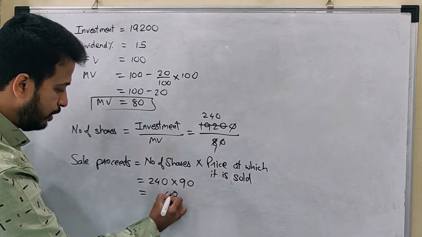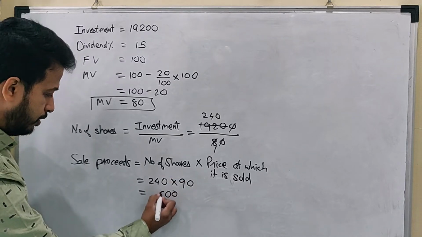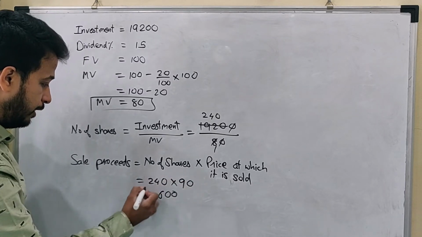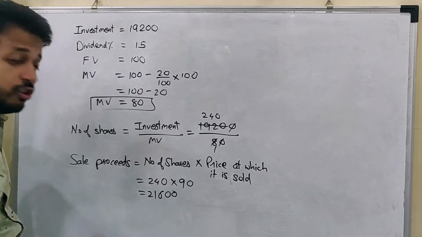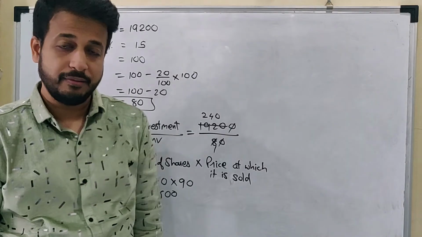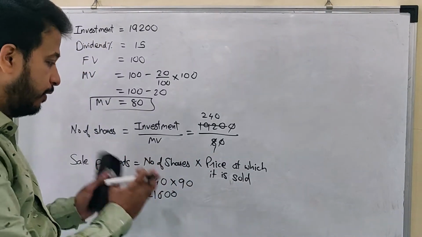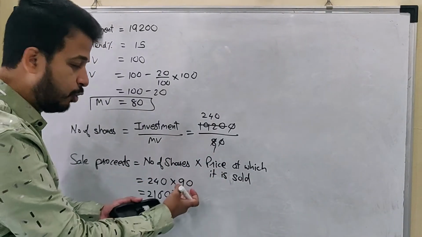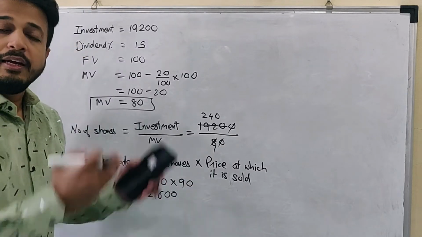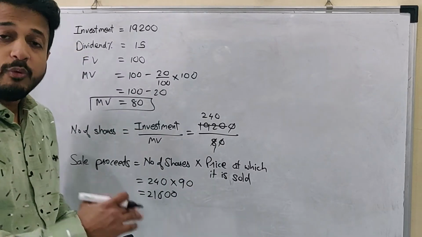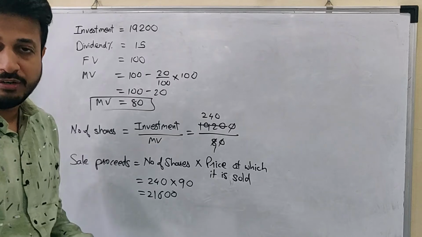So this comes to 0 0 and 9 times 24 is 216. So 21,600 is the money she gets back, right? So this is the sale proceeds, in which you sold the shares at 90 rupees each and got this money. And this money you will use as an investment to buy the second part of the shares.